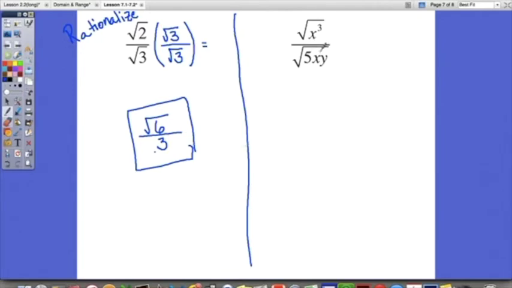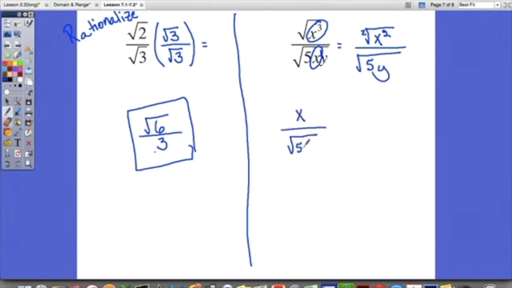Now here's what I mean by that. Before I do anything else, I could simplify my x's here. So I would end up with 3 minus 1 is 2. And I've got a group of 2, so square root of x squared is x. And then I'm going to rationalize.